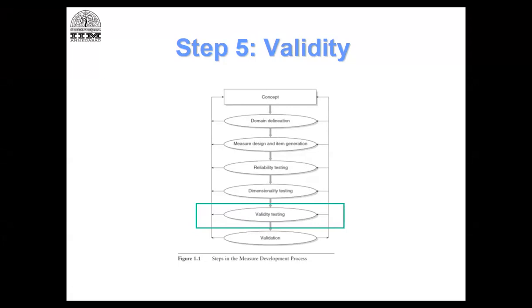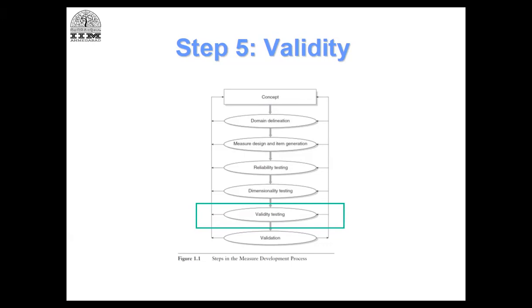So we now understand TO 1, 2, 3, 4 load onto factor 1, EMP 1, 2, 3 load onto factor 2, LEX 1, 2, 3 load onto factor 3. Now you take this knowledge and collect one more sample, and on that sample you do validity testing. That is, you test whether this factor structure holds good or not.